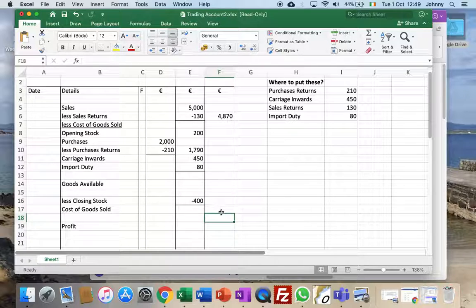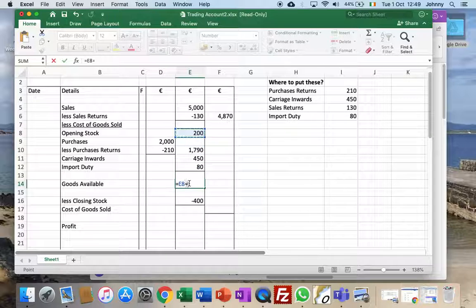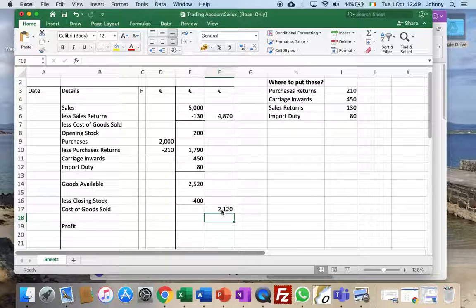Sorry, I've taken away the cost of my goods available there again. So I'm adding opening stock plus the real purchases plus carriage inwards plus import duty. And then the cost of goods sold is going to be the goods available minus the 400 closing stock.